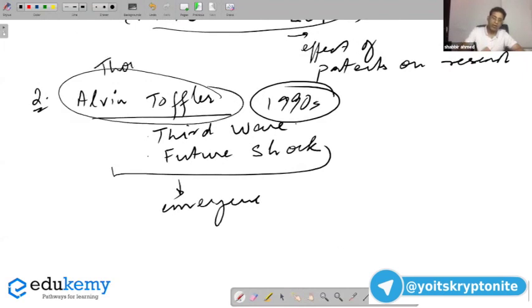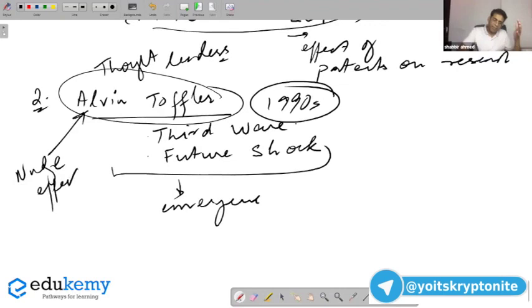I hope you know who thought leaders are. They are the people who influence thought. They give us new philosophies, new ideas. So Alvin Toffler, you can use these names as a part of your nudge effect. और ऐसे खत्म हो जाए तो आप इसे उल्टा के देख लेना नेट में, whatever you can read through.